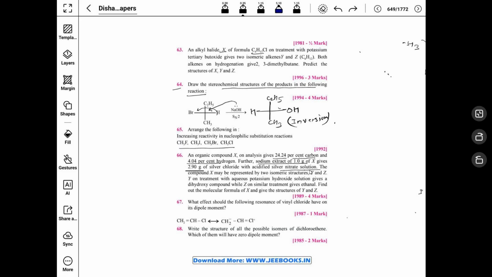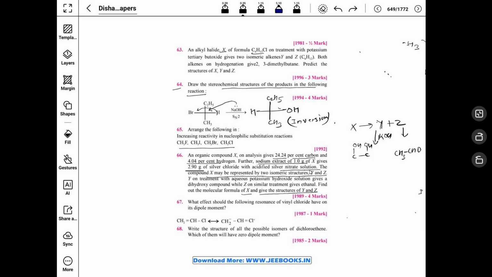The compound X may be represented by two isomeric structures Y and Z. Y on treatment with aqueous potassium hydroxide gives a dihydroxy compound, something like this. And Z on treatment gives ethanal, so Z is giving CH3CHO. Find out the molecular formula of X and give the structure of Y and Z.